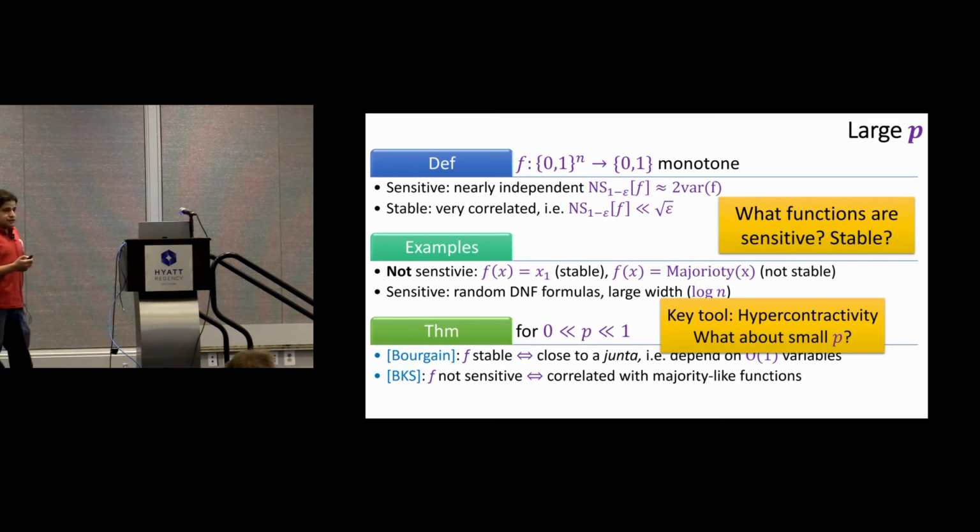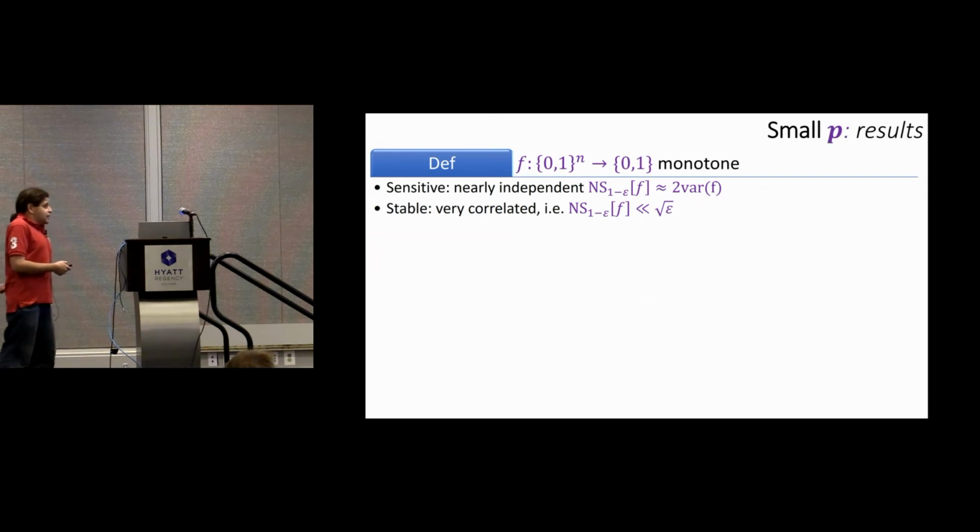And this is precisely the reason we don't have good understanding for the regime where P is small, because then this tool becomes very weak. We have very poor understanding of this situation. Still, people manage to do stuff, but it's a lot harder. So this is the regime that we're interested in. We care about small p's.